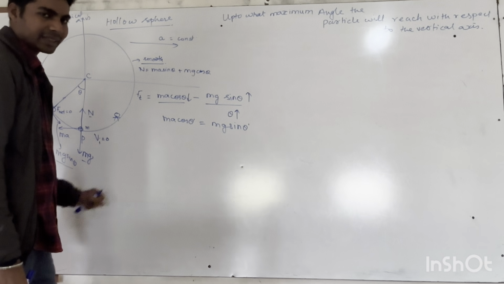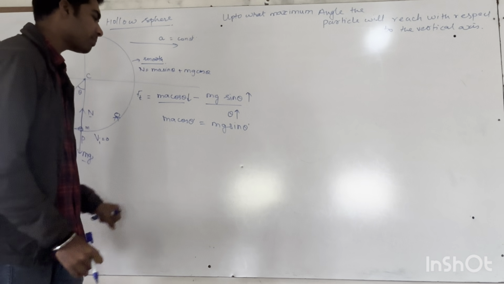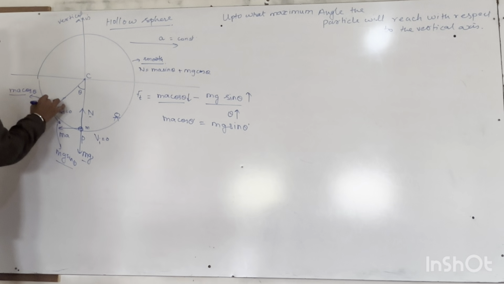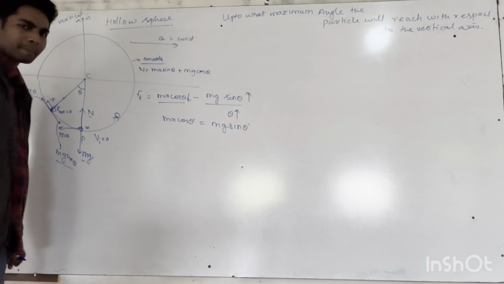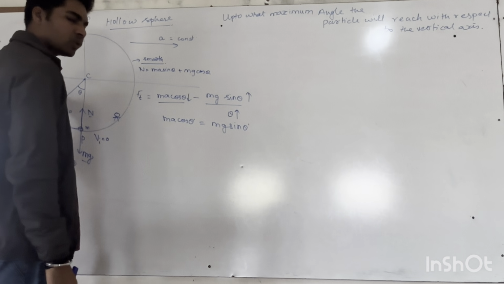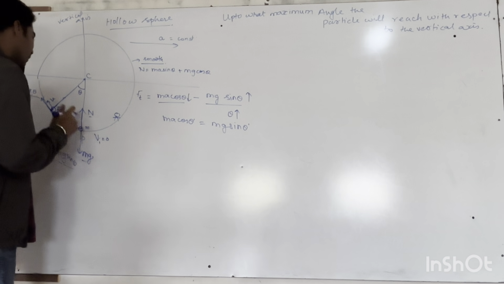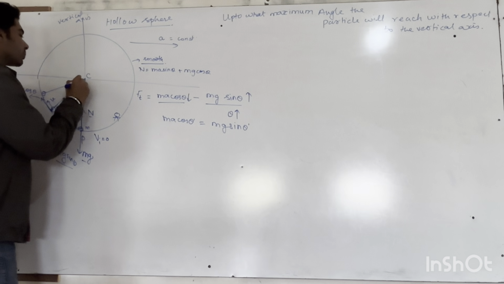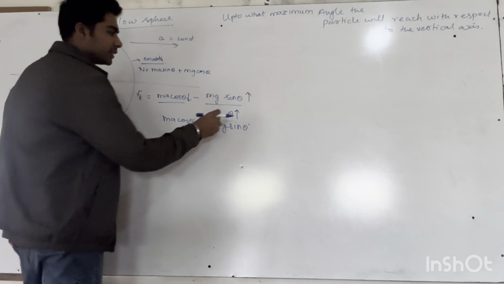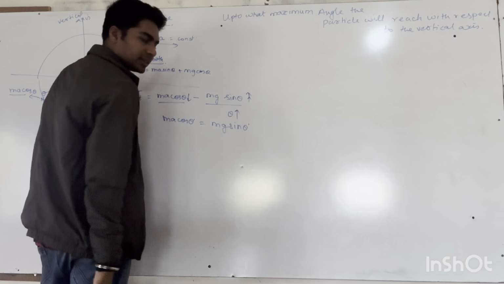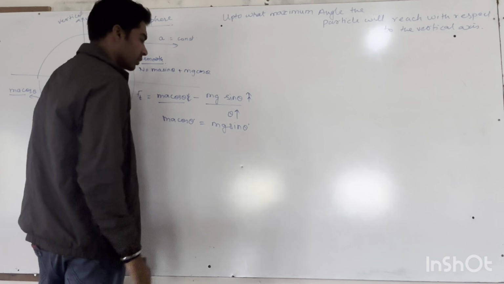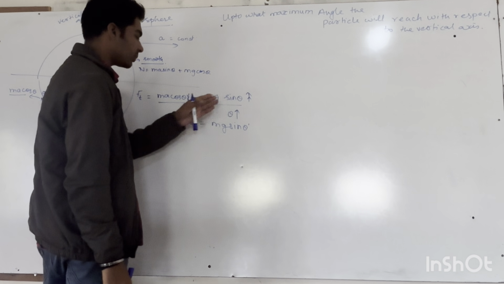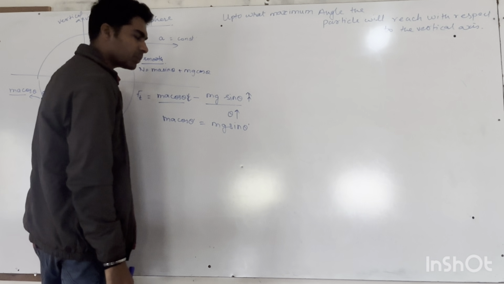Okay, the net tangential force on the particle is 0, but the particle has achieved some velocity till here. Because of this velocity, it will go further upward. As it moves further upward, this theta will keep on increasing, sin theta will keep on increasing, and cos theta will keep on decreasing.